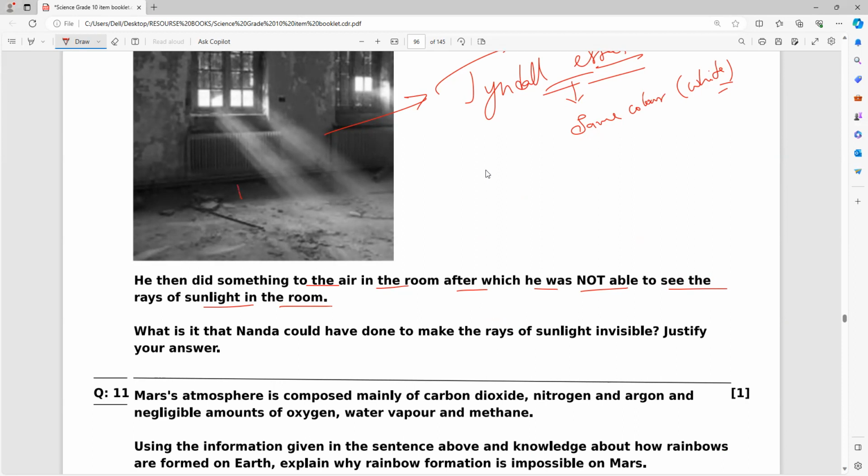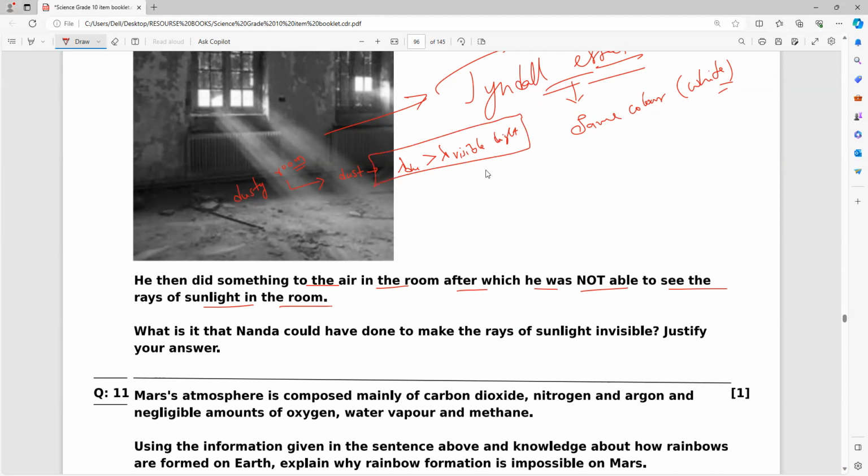It has to be a dusty room, having particles of dust. The size of dust particles is greater than the wavelength of visible light, so they will scatter the light.